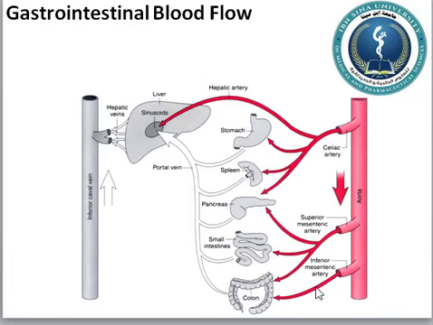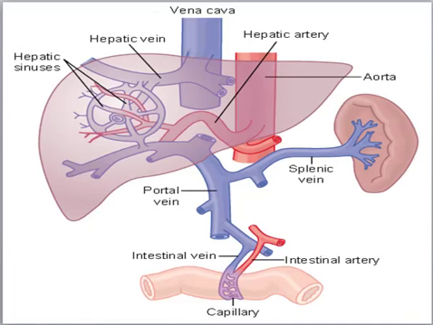The distribution of the supply by these three arteries is according to the embryological distribution of the GIT, as in embryology there is foregut, midgut and hindgut. So the celiac artery, superior mesenteric artery and inferior mesenteric artery supply different parts of the GIT according to the embryological origin of each part.